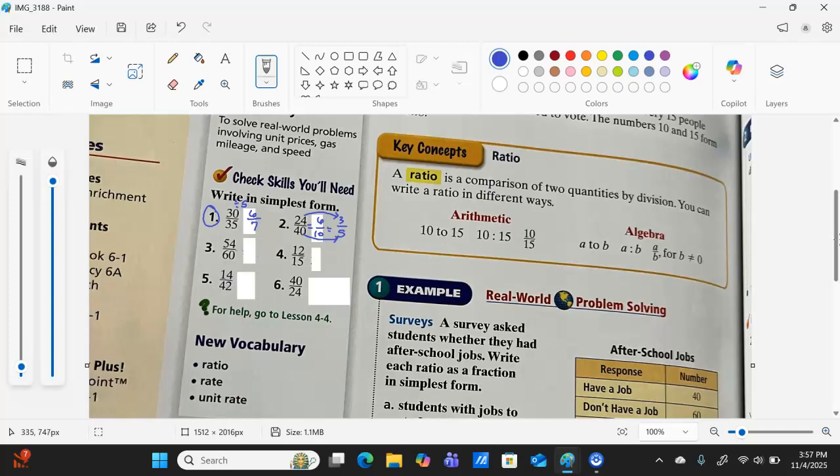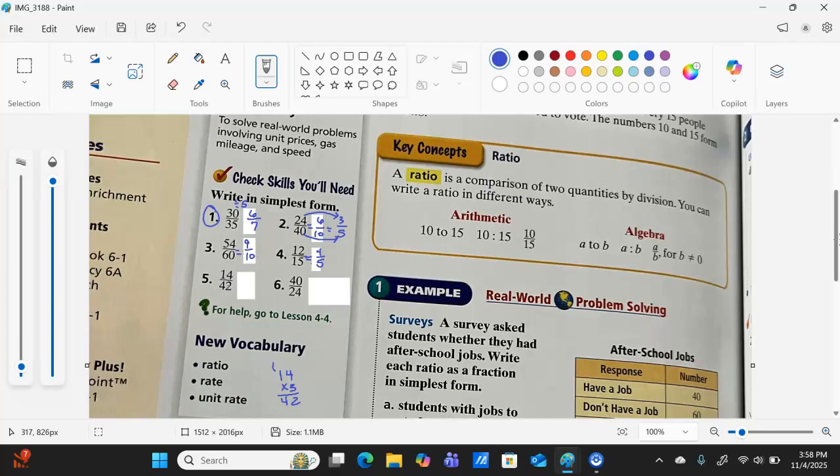54 and 60 are both multiples of 6. This is 9/10. 12/15, both multiples of 3. 12 divided by 3 is 4. 15 divided by 3 is 5. 14 over 42. Pretty sure 2, carry the 1, 42.